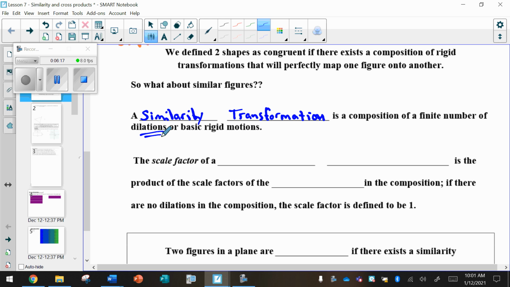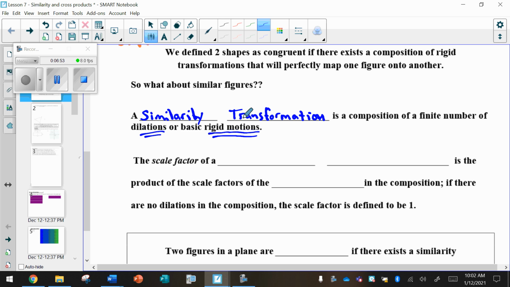The basic rigid motions would be your reflection, rotation, and translation, because the rigid motions keep the side lengths the same. The dilation makes it similar because it changes the side lengths, but it keeps the shape the same because the angles stay congruent, but the side lengths change. So if you have a dilation in your composition of transformations, it is no longer a rigid motion. It is a similarity transformation, not a rigid transformation, because it changed size.